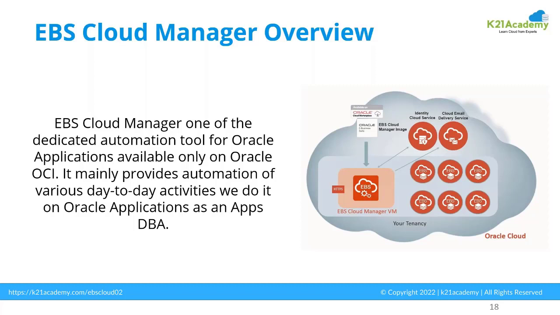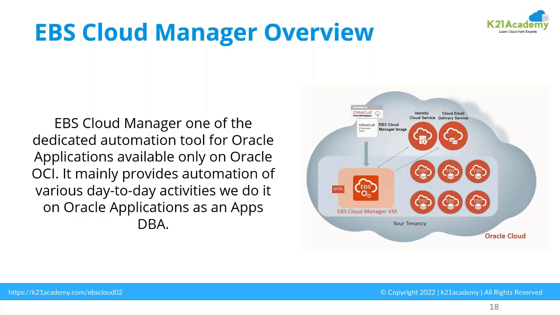So this is the native tool which is built for Oracle Cloud and for running and maintaining the Oracle applications which you can run on the cloud. Here you can perform all your day-to-day activities directly. You can automate it, and now we will see what all features are in the new version.